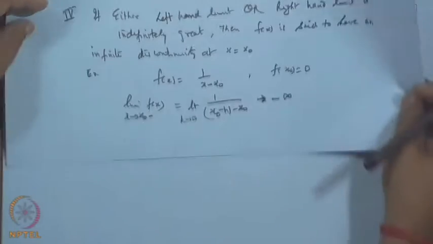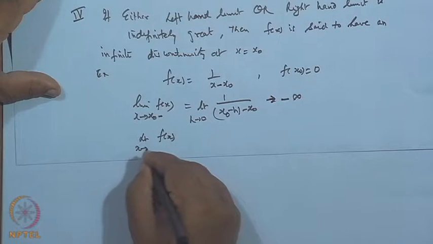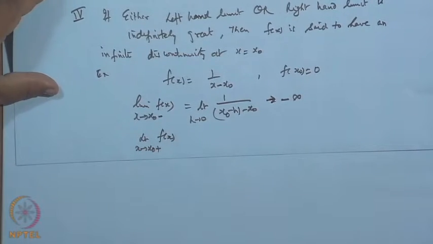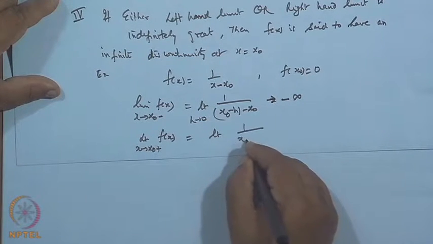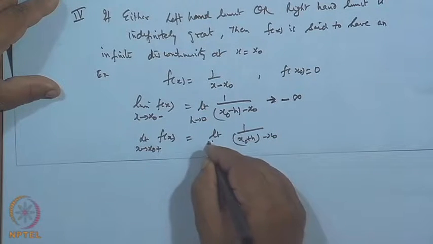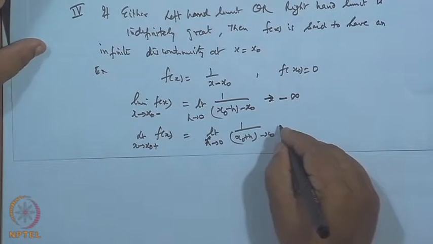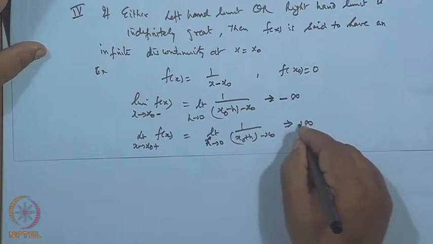And when you go to the plus side, the limit of f x when x tends to x naught from the plus side is the limit of 1 over x naught plus h minus x naught, with h tending to 0. So, this will tend to plus infinity.